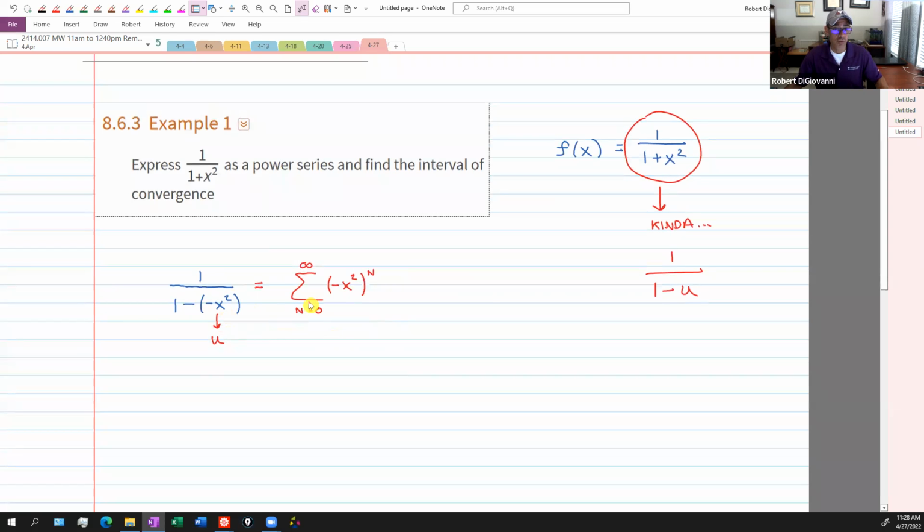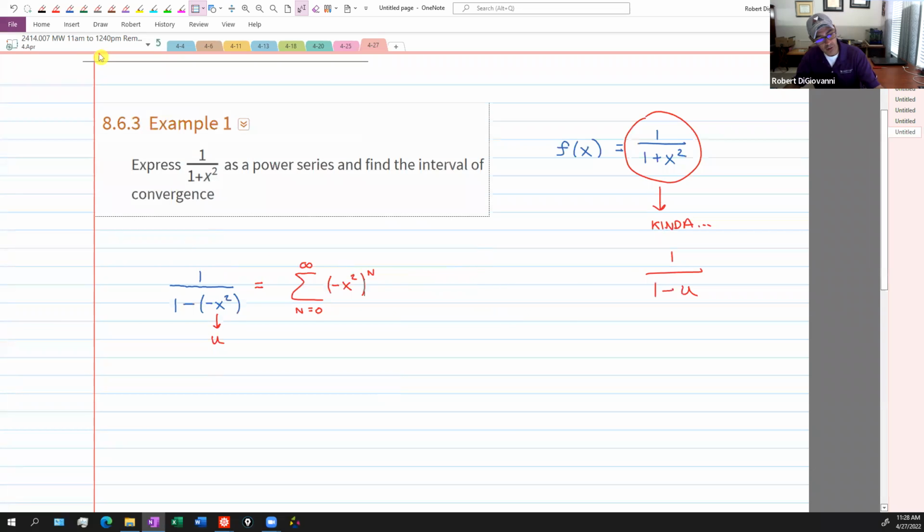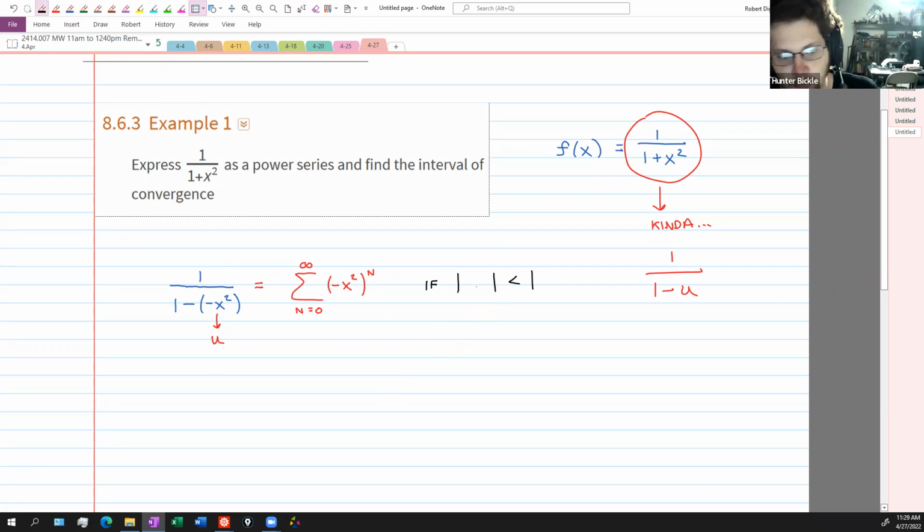Now, this is true, right? This is true only if what? The absolute value of u is less than 1, right? So this is only true if the absolute value of what is less than 1? Negative x squared.